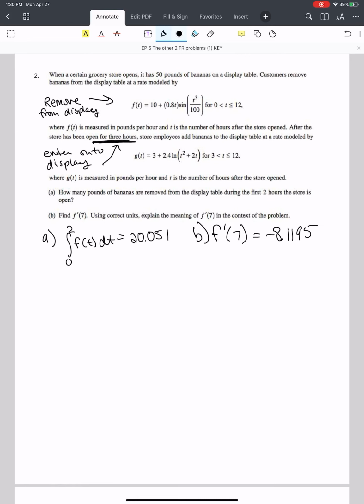So since this is a derivative, you have to start with at the, and what is 7? You can't just say at 7, you have to say what that is. 7 represents the, they're using F. F is measured in pounds per hour, right?